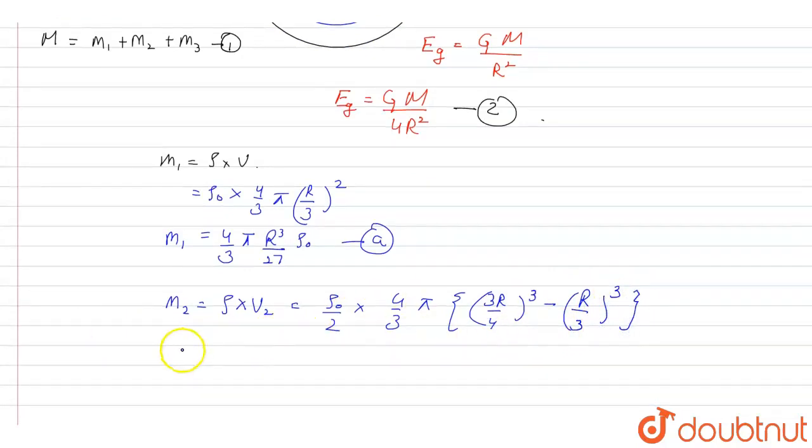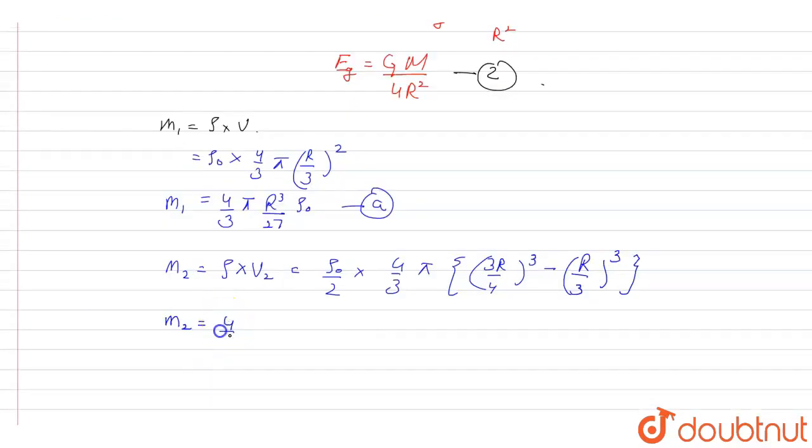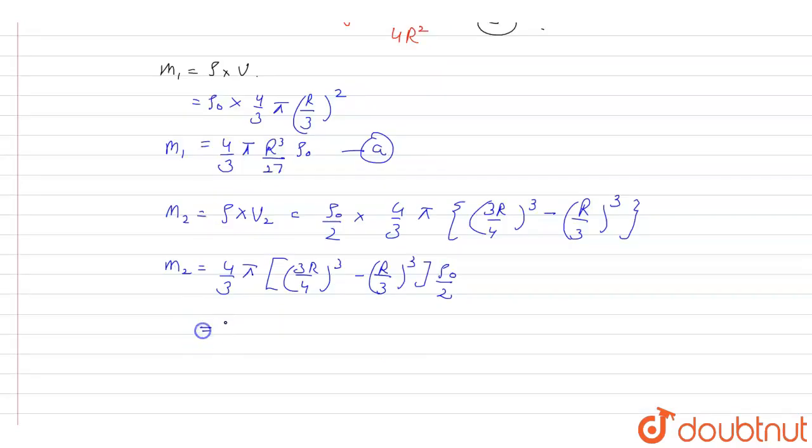So if I rewrite this, I will have m2 is equal to 4/3 π [(3r/4)³ minus (r/3)³] into ρ₀/2. This is equal to 4/3 π, 3 cube is 27, right?